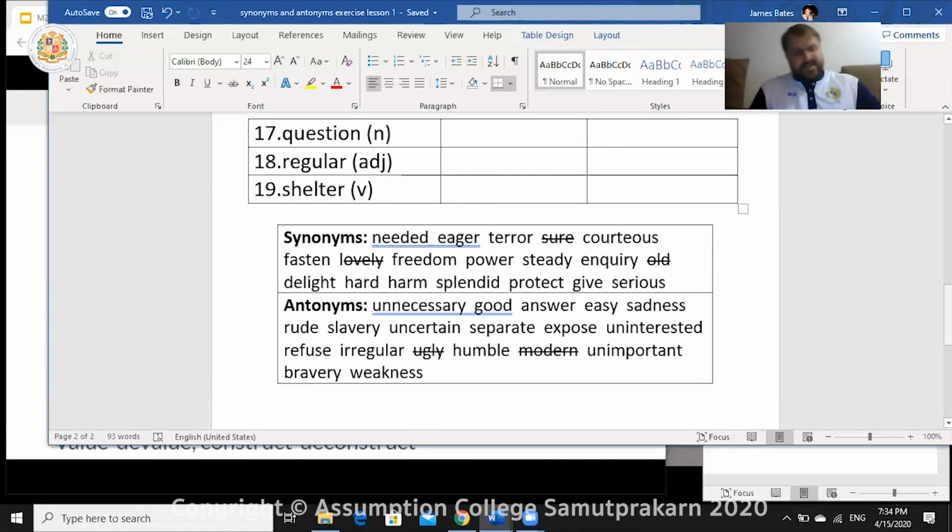Unnecessary. Actually, using a prefix but not the same meaning, or different meaning, sorry. Good, answer, easy, sadness, rude, slavery, uncertain. The un is in front of certain and it has changed its meaning to the opposite. It's an antonym.